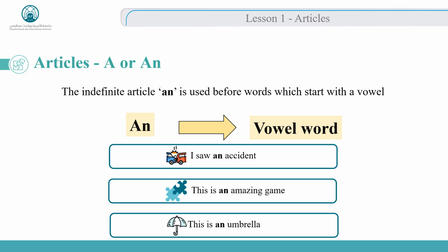These letters are A, I, O, U, and E. So when you see any word which starts with one of these letters, A, I, O, U, E, use an before this word. But please remember with me the exceptional case we discussed in the previous slide.